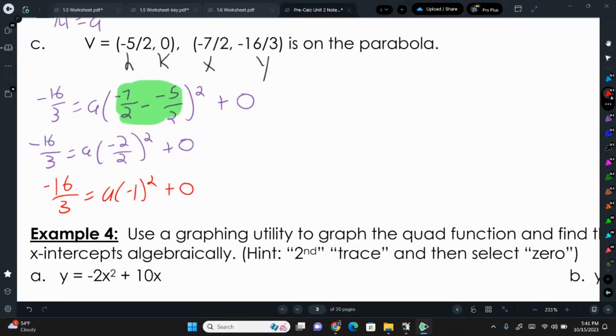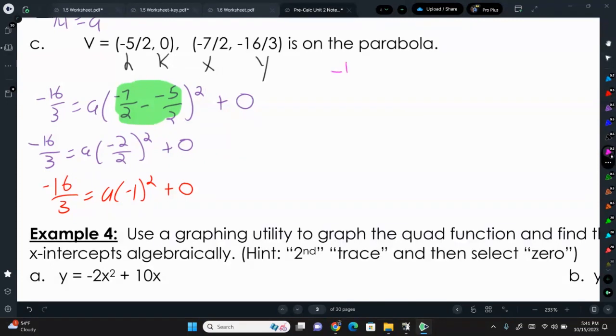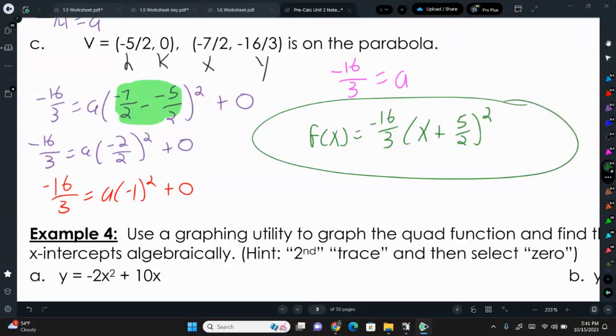Negative 1 squared is just 1, so negative 16 over 3 equals 1a, or just a, and plus 0 doesn't change anything. So our a value is negative 16 over 3. So f of x equals negative 16 over 3 times x plus 5 over 2 squared. And since our k value is 0, we don't need to write plus 0 for the y-coordinate of our vertex.